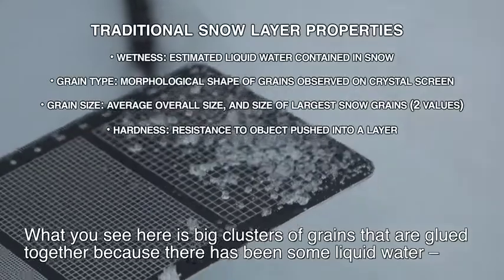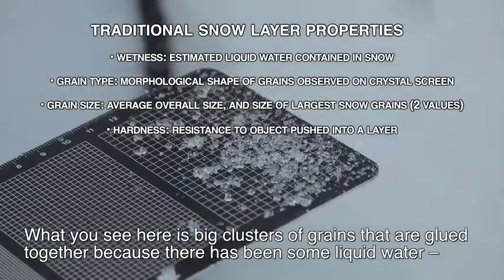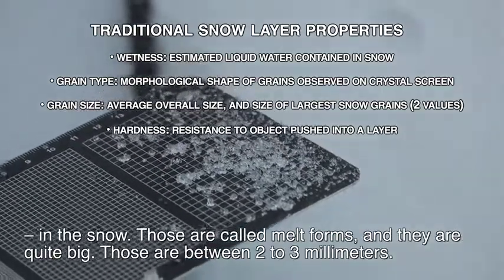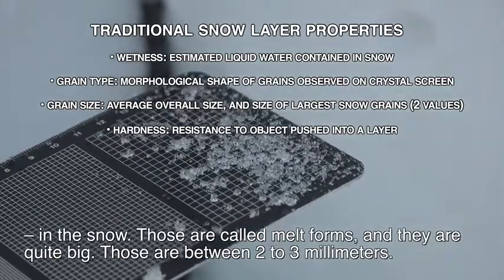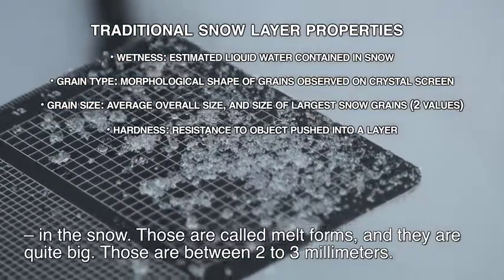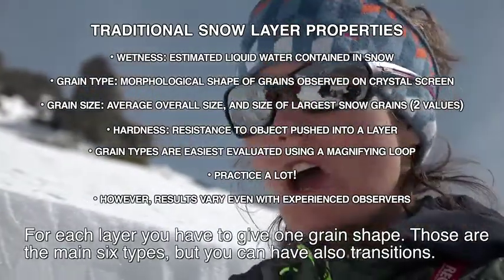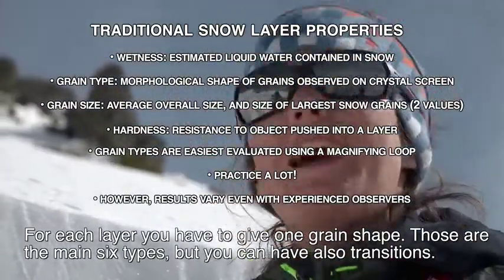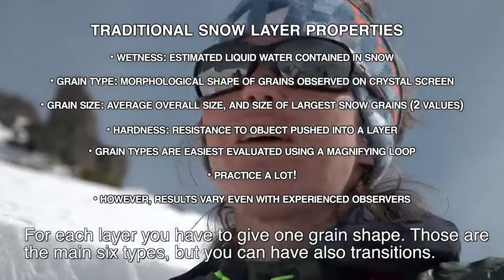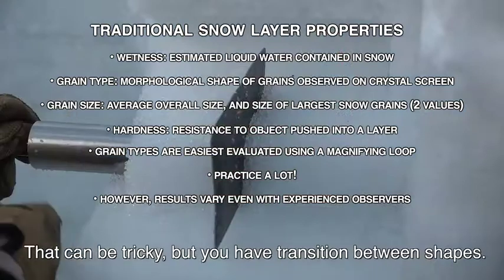What you see here is big clusters of grains that are kind of glued together because there has been some liquid water in them, and those are called melt forms, and they are quite big. Those are between 2 to 3 millimeters. For each layer you have to give one grain shape. Those are the main 6 types, and because it's nature, you can also have transitions between shapes, which gets a bit tricky.